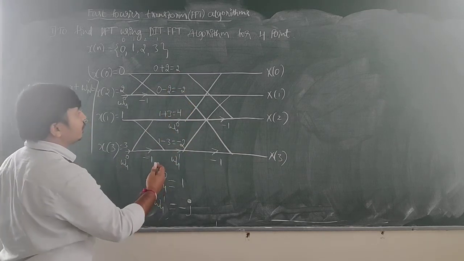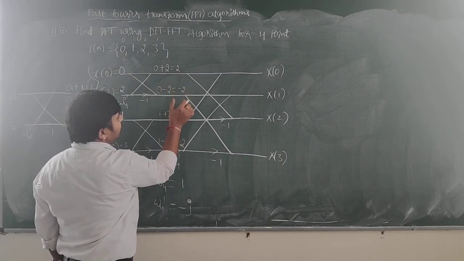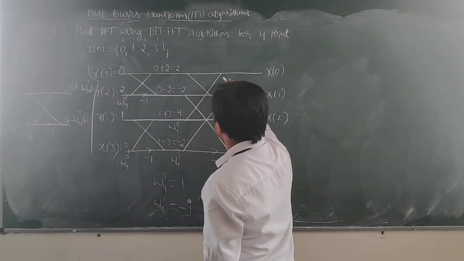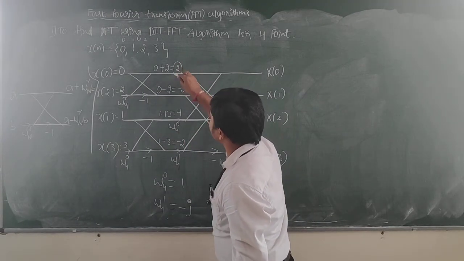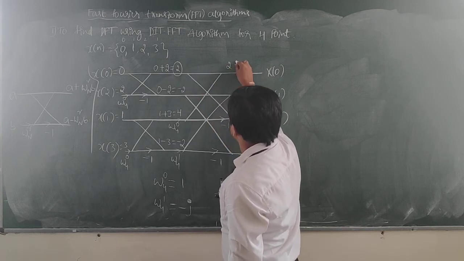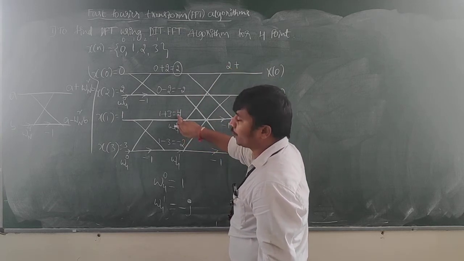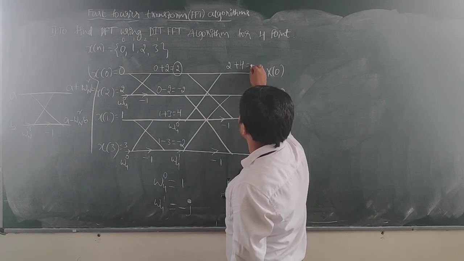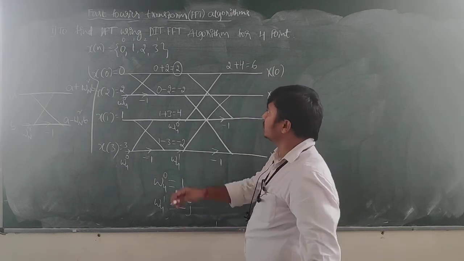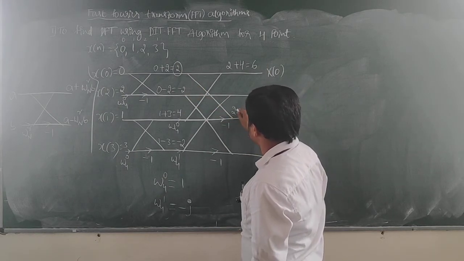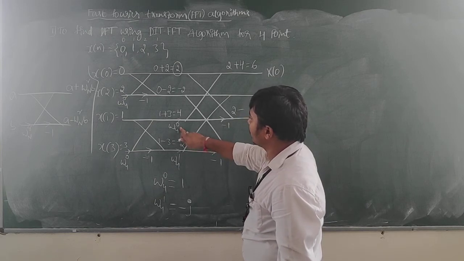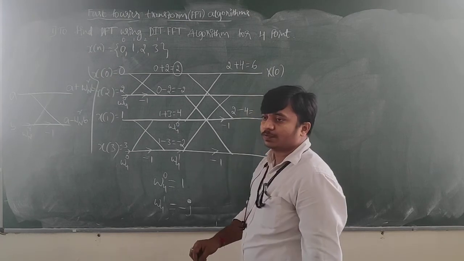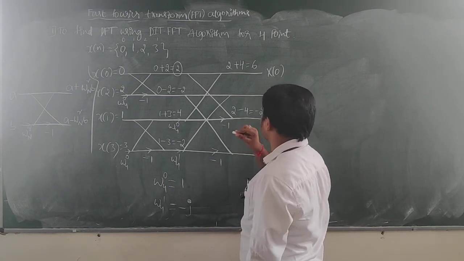For the next stage, these will be the inputs. Here 2 is coming, 2 plus W4 power 0 into 4. W4 power 0 is 1, 1 into 4 is 4, so it is equal to 6. Here 2 minus W4 power 0 into 4, which is 2 minus 4, minus 2.